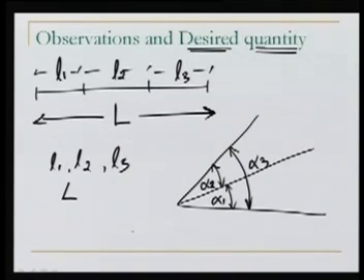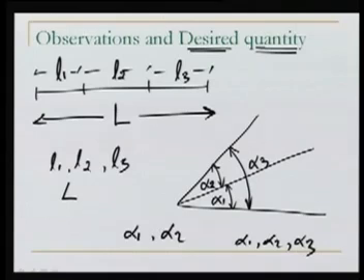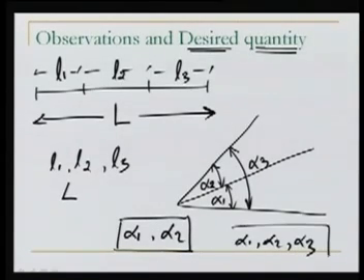So desired are alpha 1 and alpha 2, but our observations are alpha 1, alpha 2 and alpha 3, because we can find the values of the desired alpha 1 and alpha 2 from these three observations. So what we are doing in this case is introducing a redundancy in the observations. Right now we should understand the difference between observations and the desired quantity.